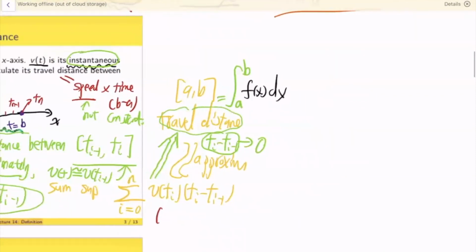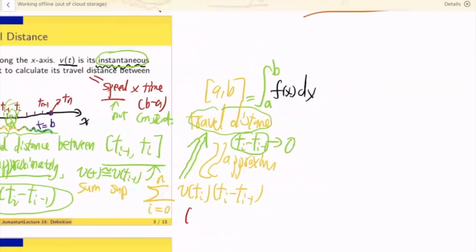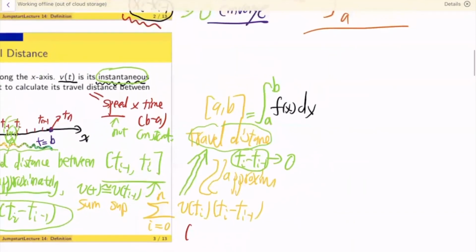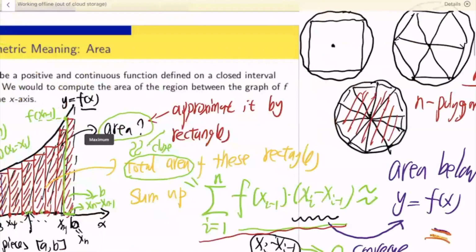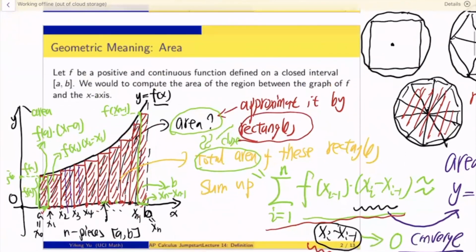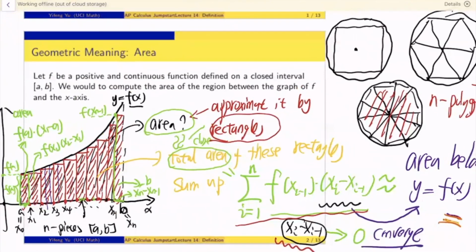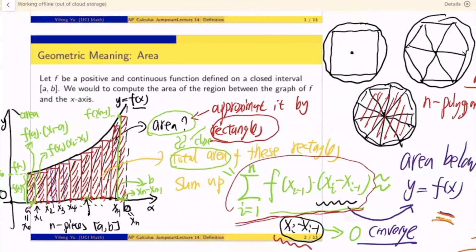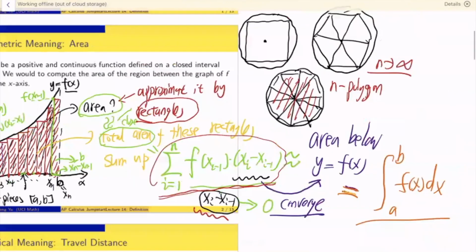All right, so you see the essential idea is similar. In the geometric perspective, because the region is not regular, we try to approximate it by rectangles. If you write down the area of the sum of these rectangles, as we said, this is only an approximation.